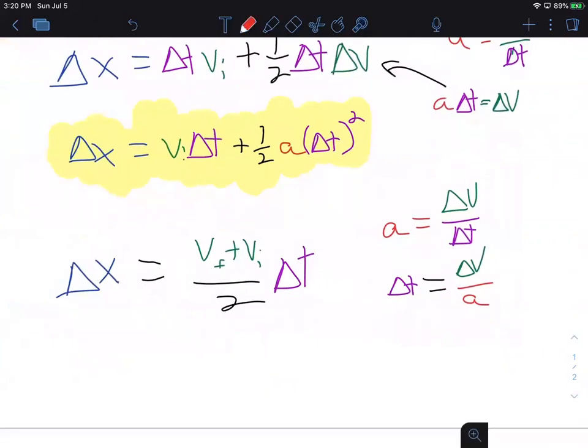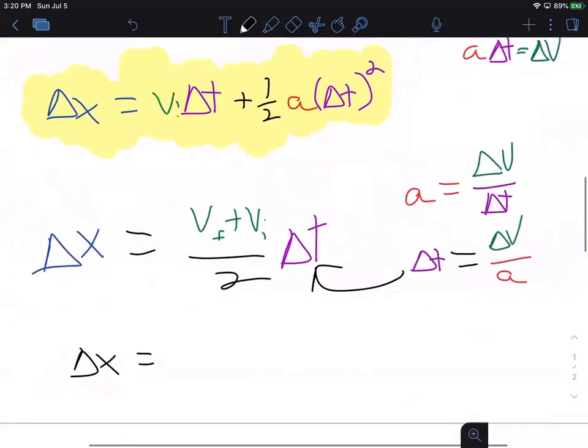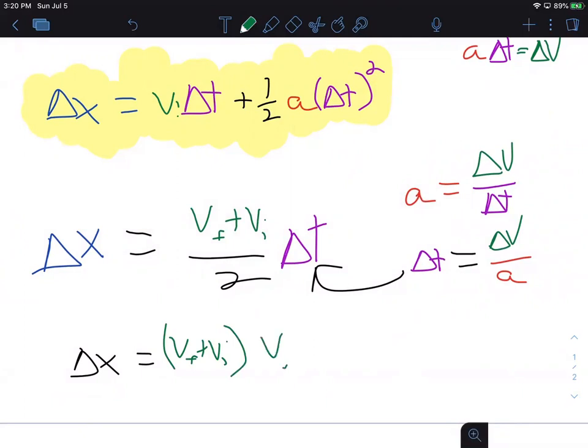And now I can substitute that in here for this delta T. And when I do that, delta X equals VF plus VI times delta V, and delta V, remember, is just VF minus VI over 2 times A.